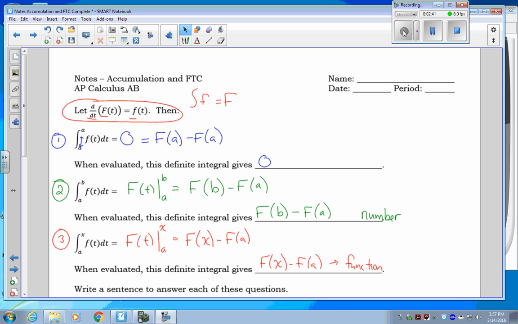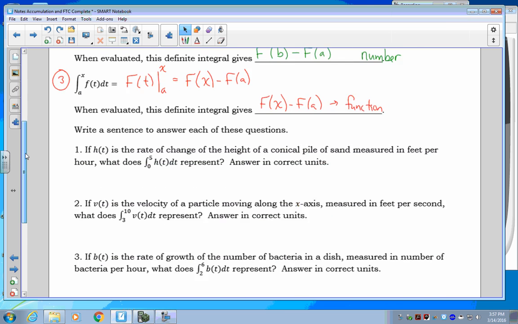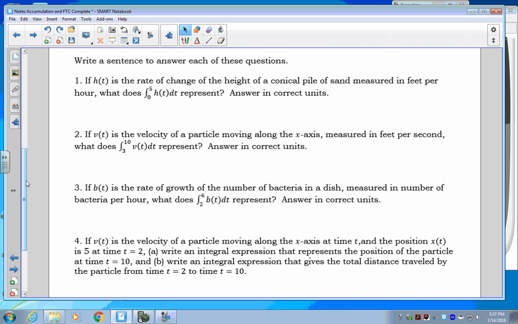So let's look at these problems that we need to address. Write a sentence to answer each of these questions. So number 1, h of t is a rate of change. So that's kind of like our derivative of the height. And this height is of a conical pile of sand measured in feet per hour. So what does the definite integral from 0 to 5 of h of t represent?